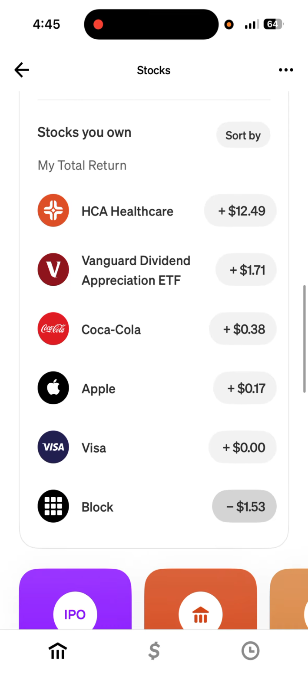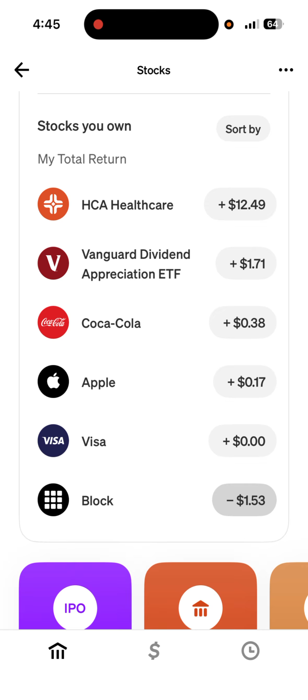So scrolling down, it shows the stocks that I own. In my Cash App portfolio, I own HCA Healthcare. It's a healthcare company, well known, well established, and right now my total return from HCA Healthcare is $12.49.